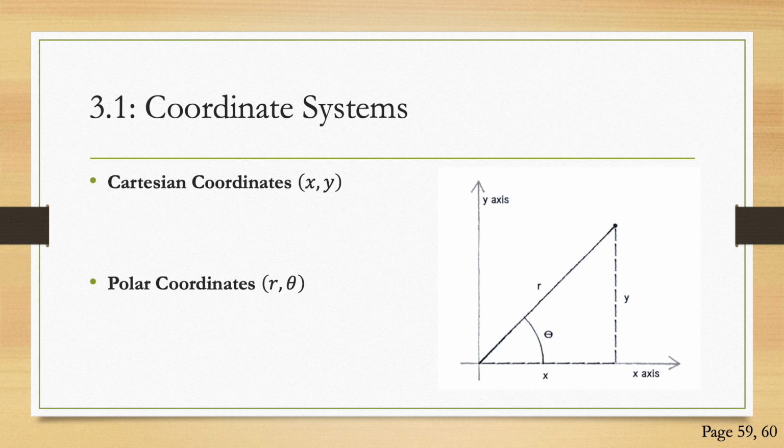And then the second type is called polar plane coordinates, or polar coordinates, with an r and a theta value. In polar coordinates, the r value is the distance from the origin to the point having Cartesian coordinates, the x and y value, and theta is the angle between a fixed axis and a line drawn from the origin to the point.